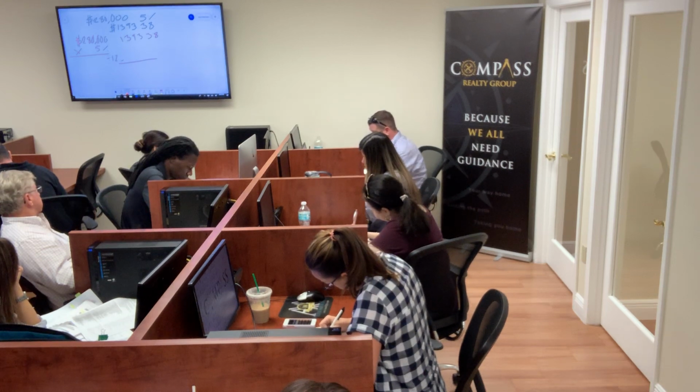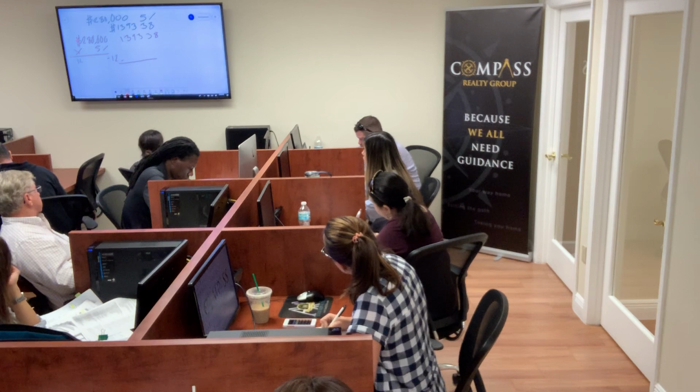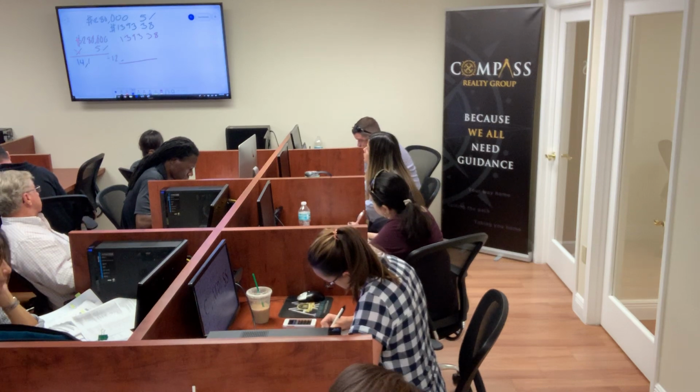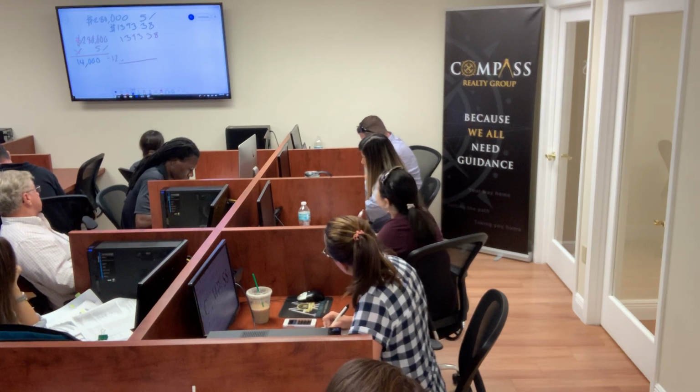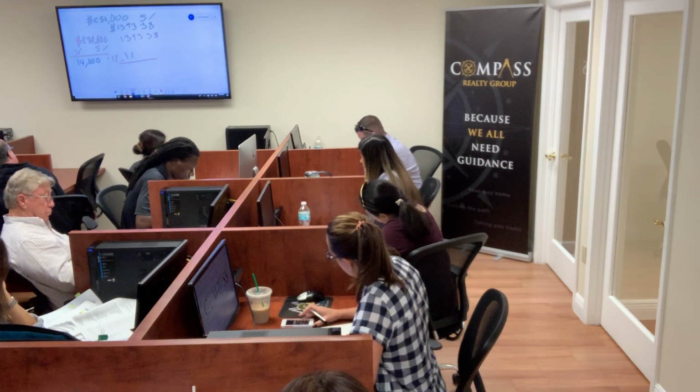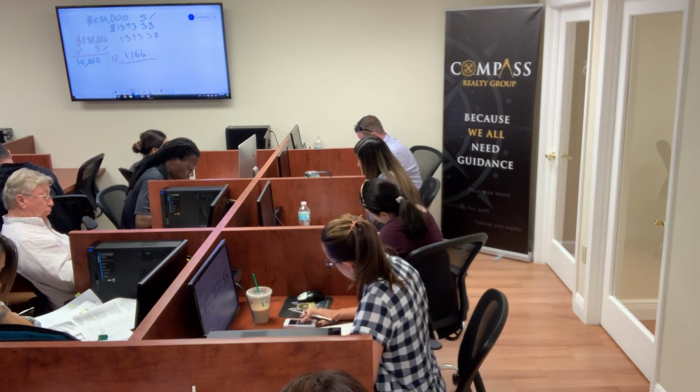280,000 times 5% gives me $14,000. $14,000 divided by 12, $1,166.67.